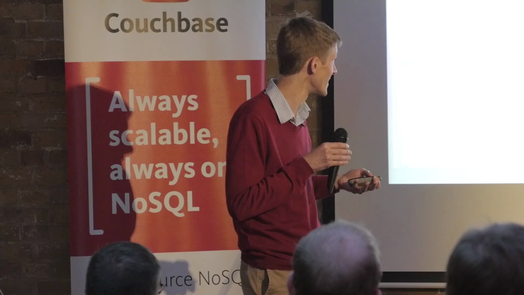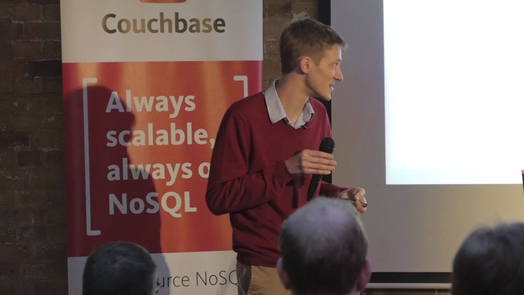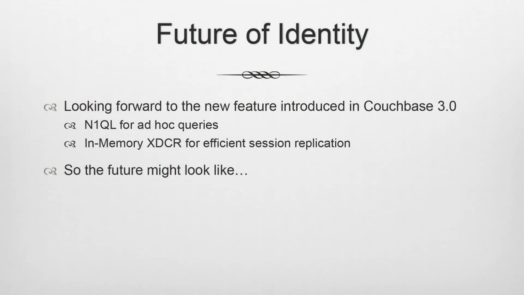I have to ask myself, yeah, the future. So I know we're going to hear about the features introduced in Couchbase 3. What we are really looking for, it's been released, but we haven't tested it yet, is the query language. We hope it might be a way for us to do those ad hoc queries when the business wants something, they generally just want it now.